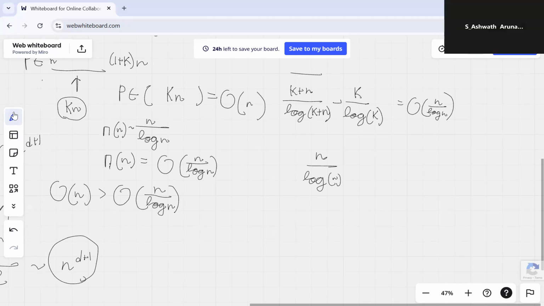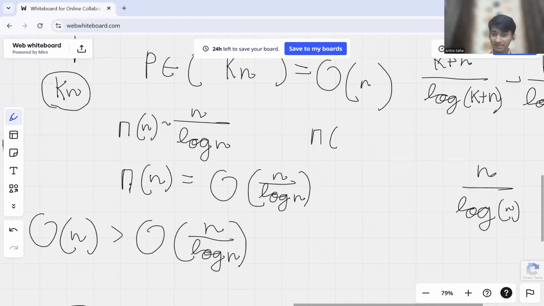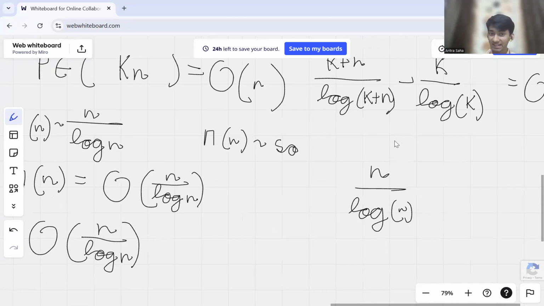So just one question. Basically, even if we did not know what exactly pi of n is asymptotic to, the fact that we know it's asymptotic to something would be enough to prove it, right? Actually, no. We have to show pi of n is asymptotic to something which is less than n.